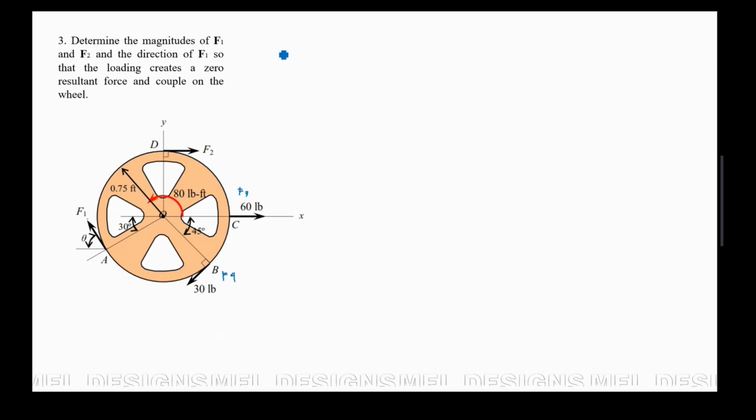Taking the summation of moment at point A. Sabi sa problem natin na the loading creates a zero resultant force and a couple on the wheel. Therefore, the summation of moment at A is basically equal to 0.